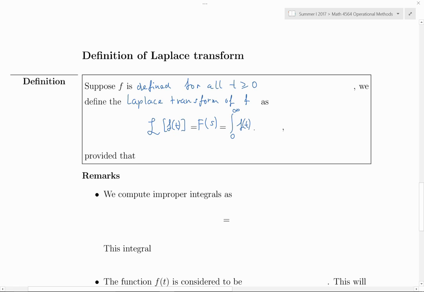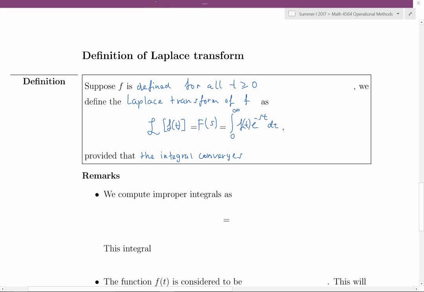We take the function f of t multiplied by e to the minus st, and we integrate from 0 to infinity. And if this integral converges, the resulting value is the Laplace transform for a given value of the parameter s.